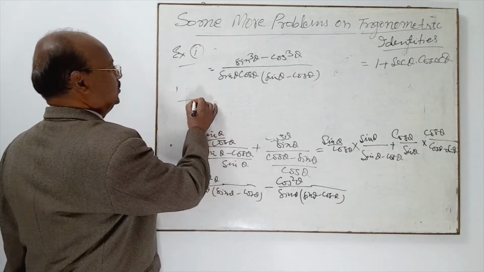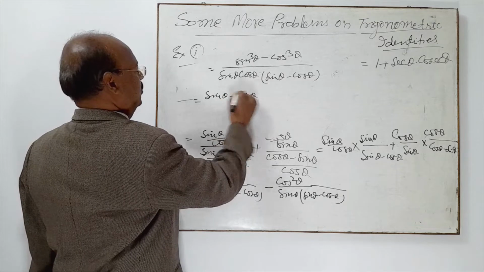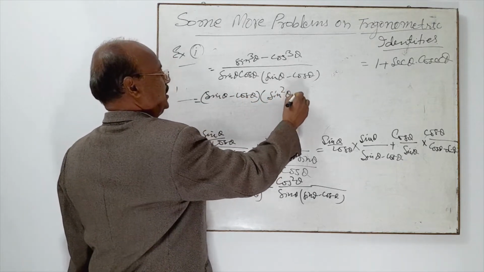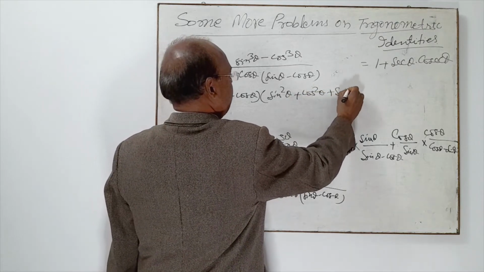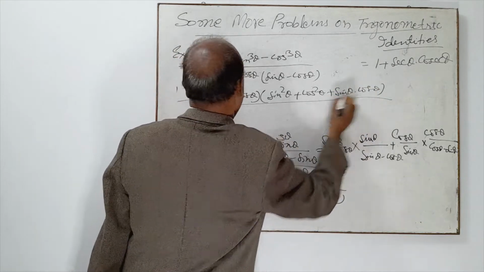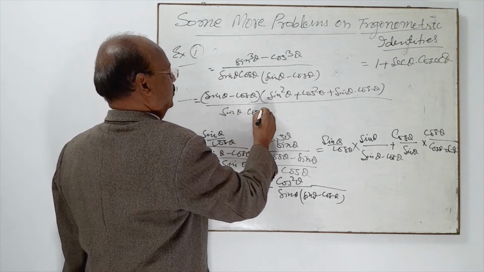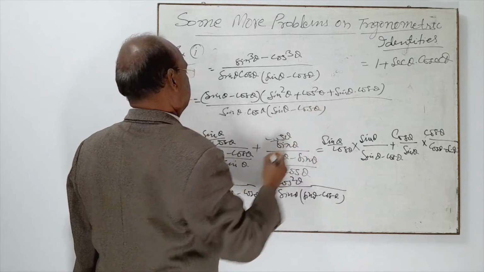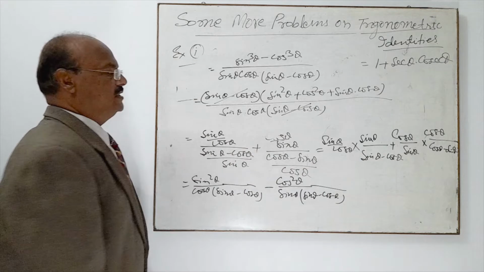Correct. So now we can write sine theta minus cos theta into sine square theta plus cos square theta plus sine theta into cos theta, divided by sine theta into cos theta into sine theta minus cos theta. This sine theta minus cos theta will cancel out.